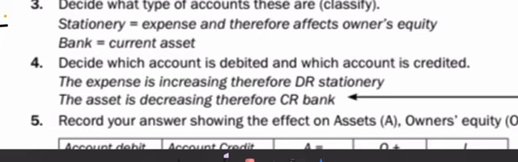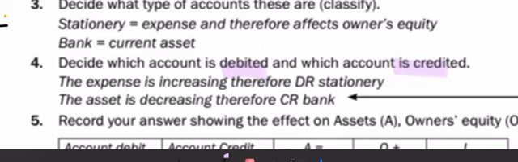4 says, decide which account is debited and which account is credited. This takes us to the very first lesson, if not the second lesson that we had, where we were going through the rules of accounting.